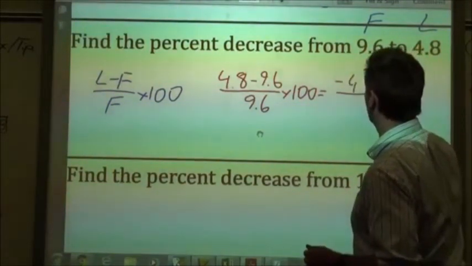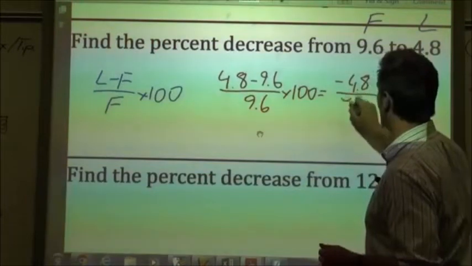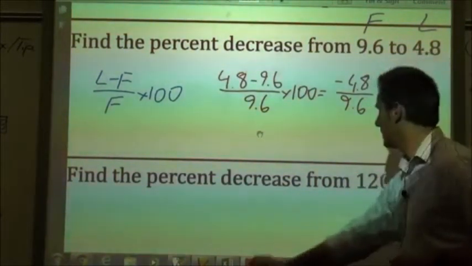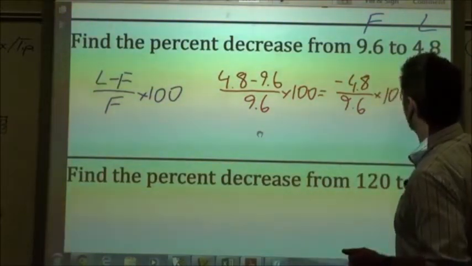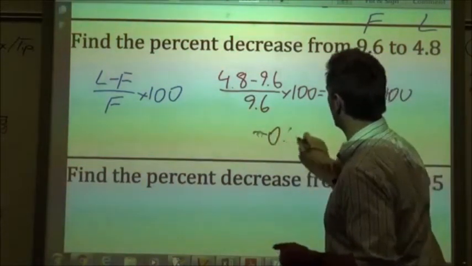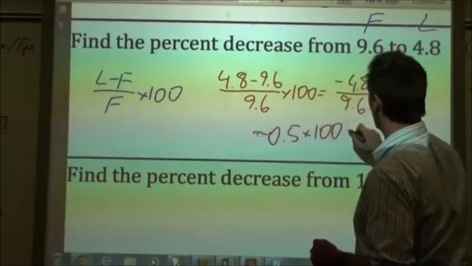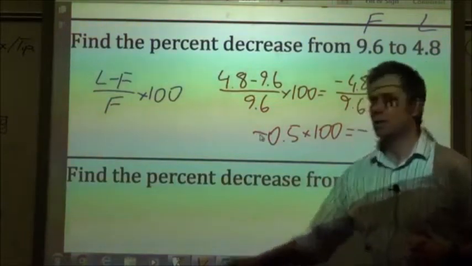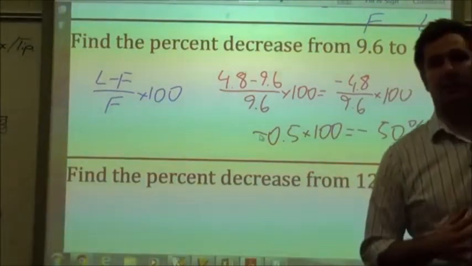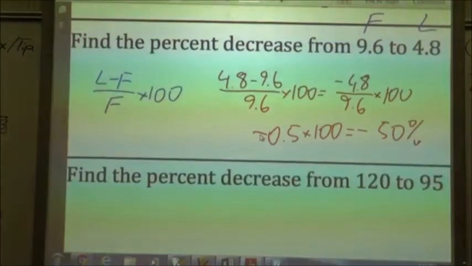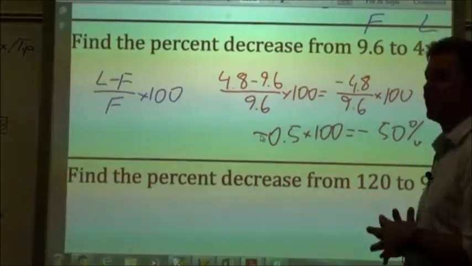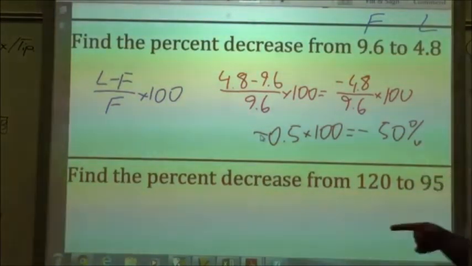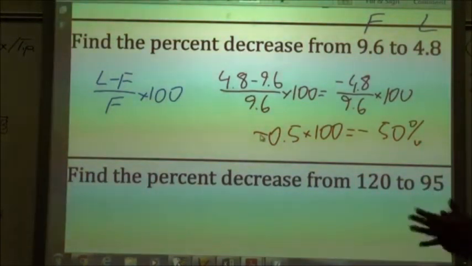Negative 4.8 divided by 9.6, that equals negative 0.5. Times 100, which equals negative 50%. The significance of a negative is telling us that this is a decrease. Every time you see percent change and you get a negative number, you will have to think of it as a decrease. Are we good?